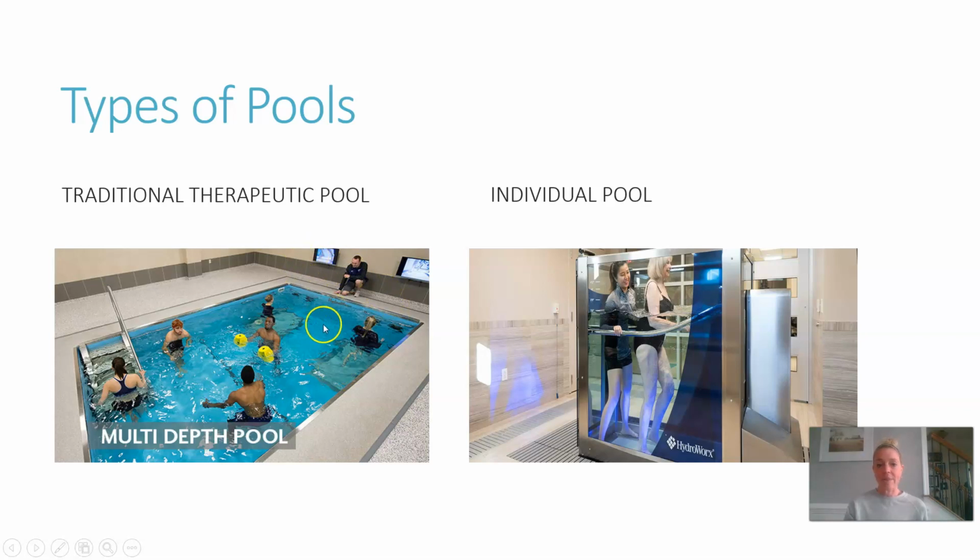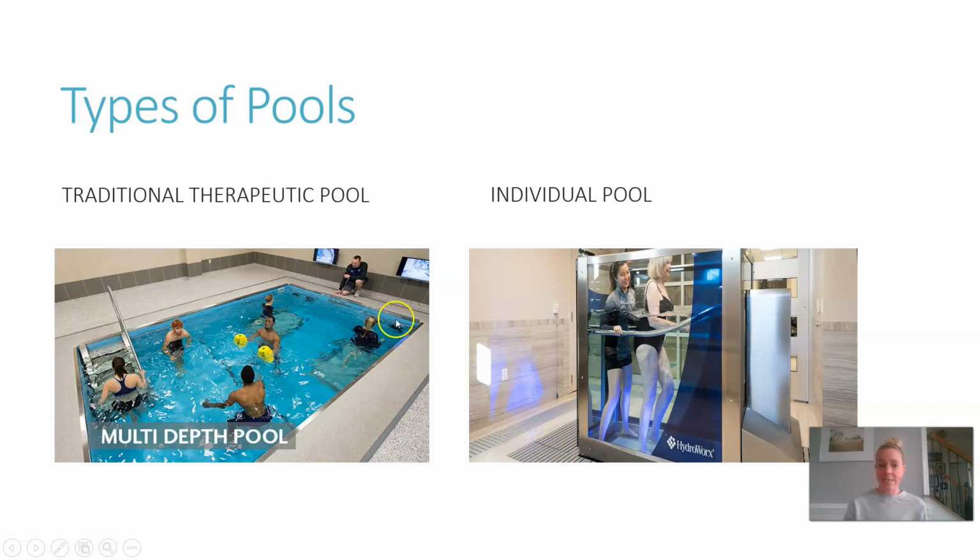And one nice thing about the HydroWorks pools, a lot of them do have the treadmills, is they usually come with monitors or TV screens here too, so that you can clearly see what's going on with your patient's gait. This is an individual pool or a tank, and I've also been at clinics that have these either in a separate room or in the back part of the clinic, where it can be filled with water for just an individual person.